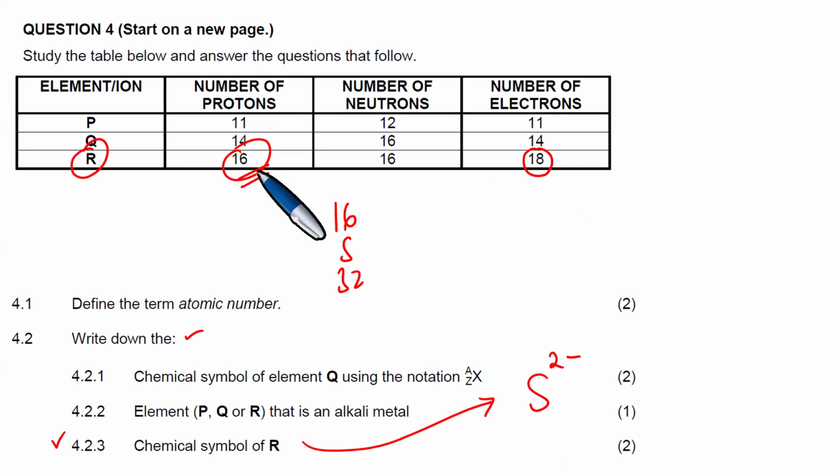Why? Because the protons are 16, but the electrons are 18, so they are 16 plus 2. In other words, these electrons are 2 more, and therefore it's sulfur 2 minus. Okay, we look at the next one.